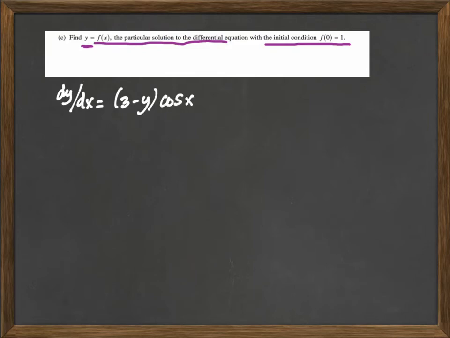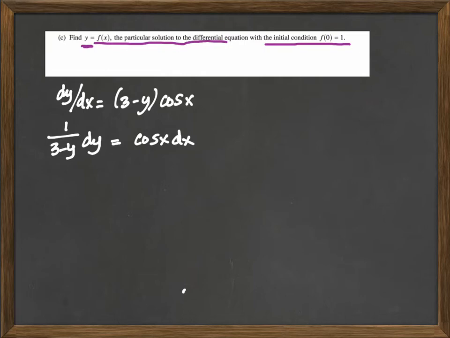Now you have to do the first step, separation of variables. So let's separate the variables. That would be 1 over (3 minus y) dy equals cosine x dx.